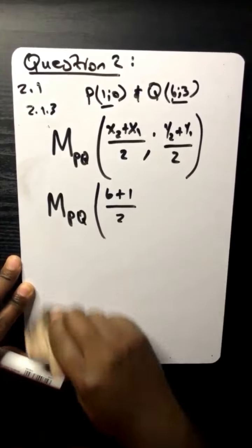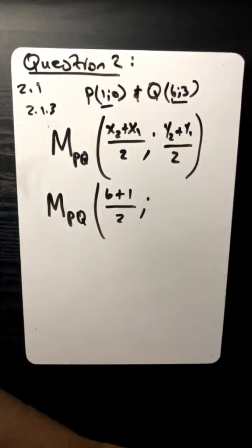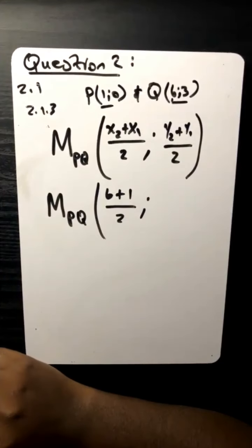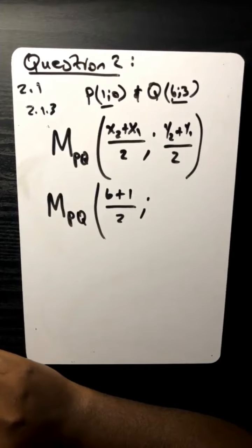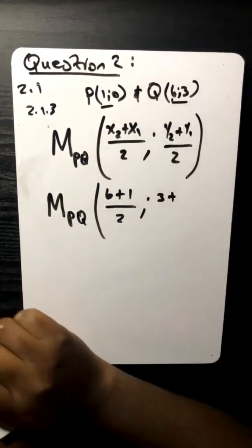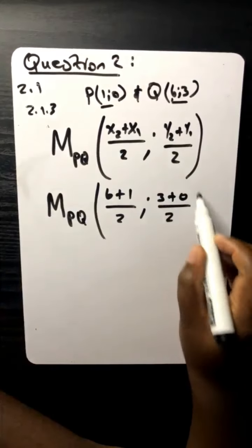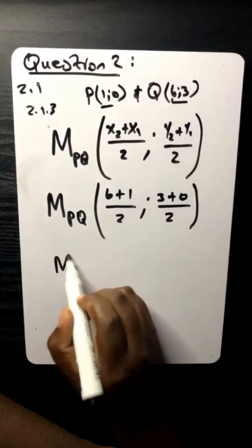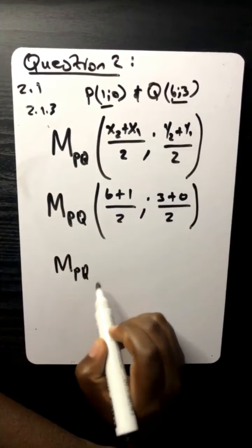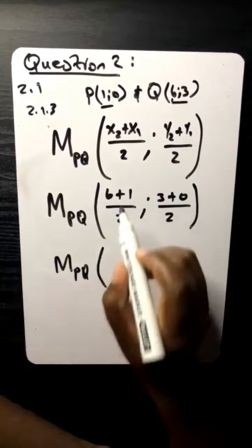Guys, a day without learning something new is a day wasted. So these things are easy, guys. Let's see. What is our y2? We know very well that our y2 is 3. Plus, what is our y1? We know very well, guys, our y1 is 1. Then we divide it by 2. Therefore, the midpoint of PQ is equal to, what is that?